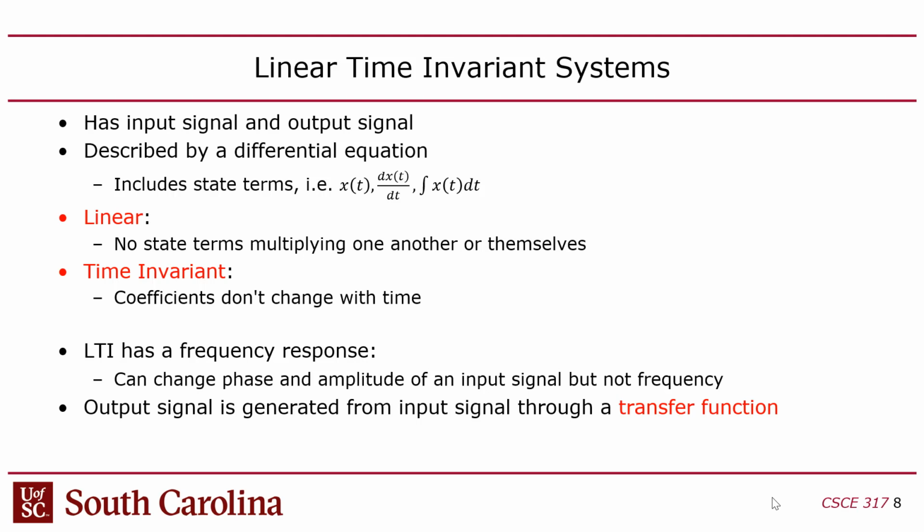Does that make sense? Okay. So that's what it means by linear. You can't have state terms multiplying one another or themselves. You can't have x squared of t, for instance, and you can't have x of t times y of t. And then time invariant means that the coefficients aren't allowed to change over time. They have to be constants.